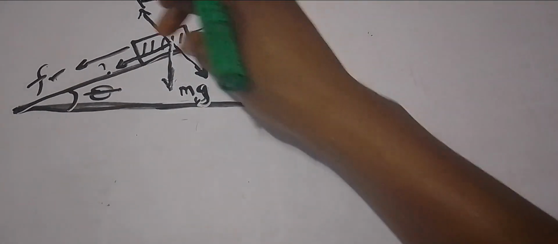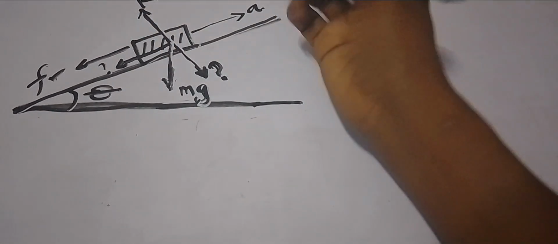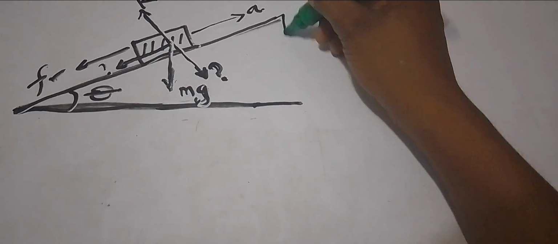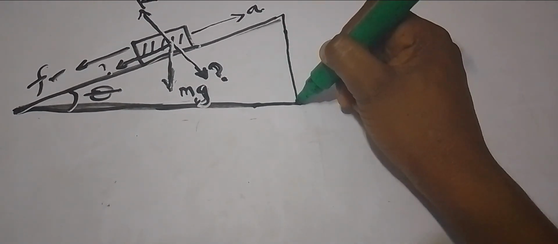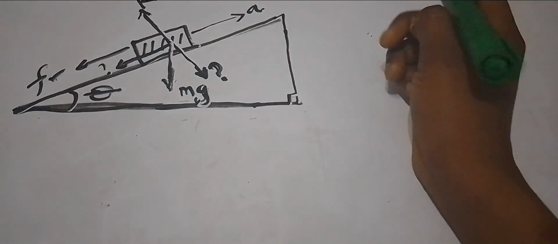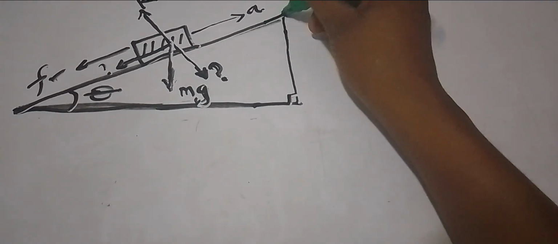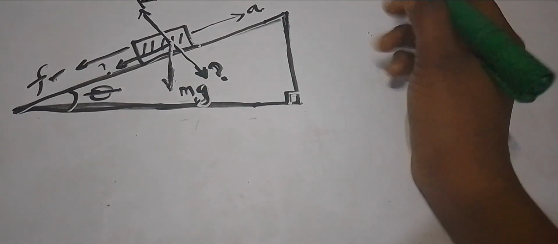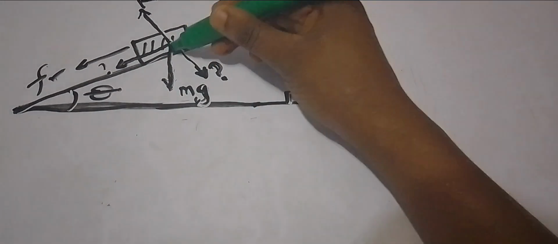Now let's proceed by taking this chart out. But before we take it out, let's assume that this whole component is a right angle triangle. If this angle is theta, and this line is parallel to that line, we can say these two are corresponding angles.